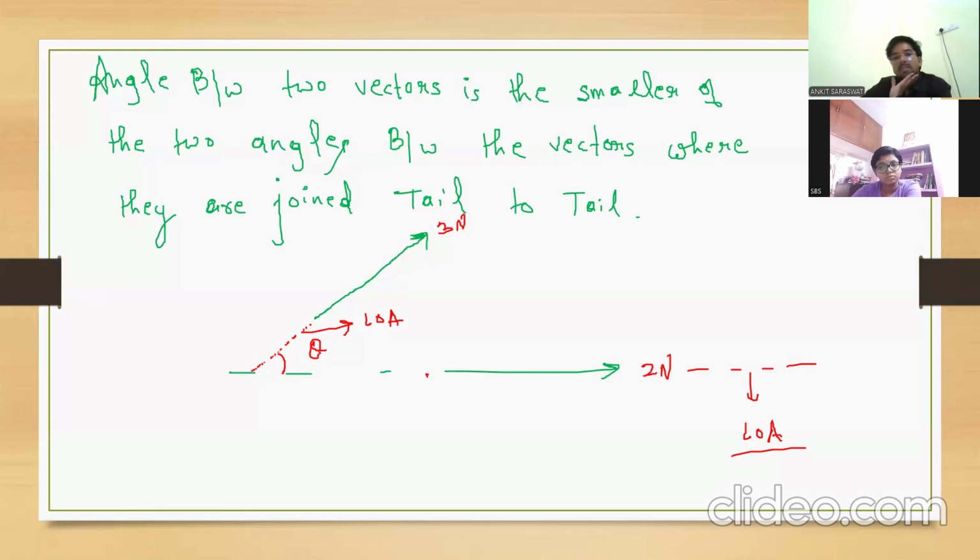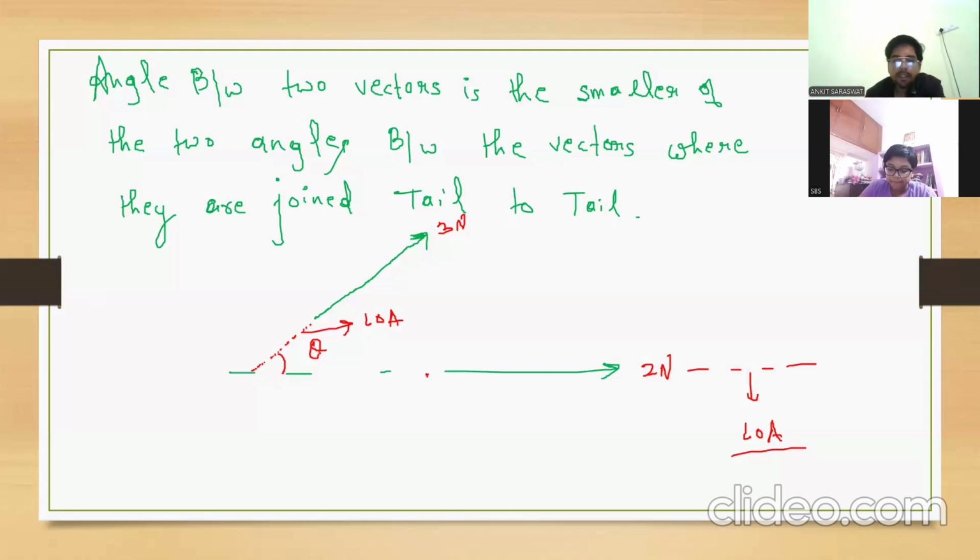Angle between two vectors is the smaller of the two angles between the vectors, when they are joined tail to tail. Clear? Any doubt?